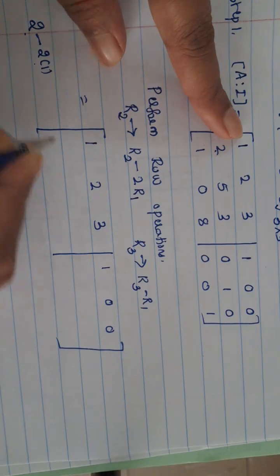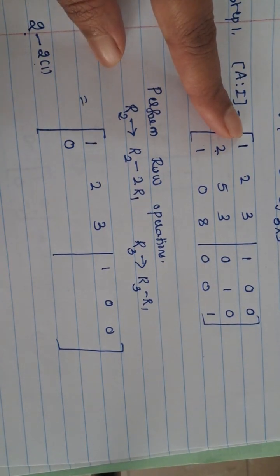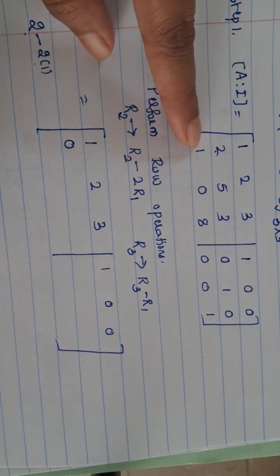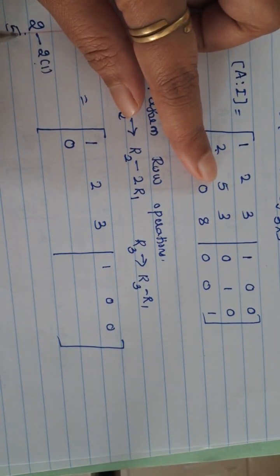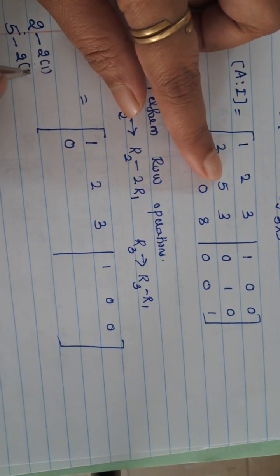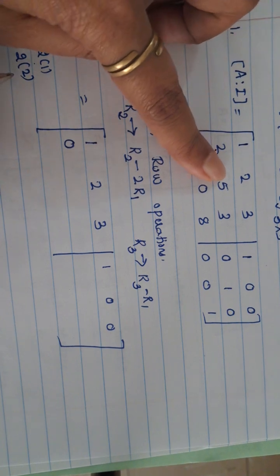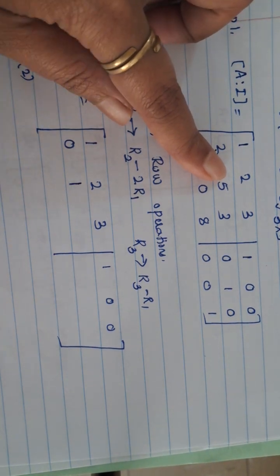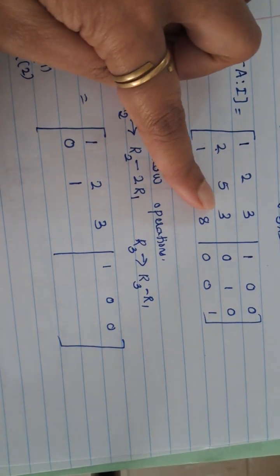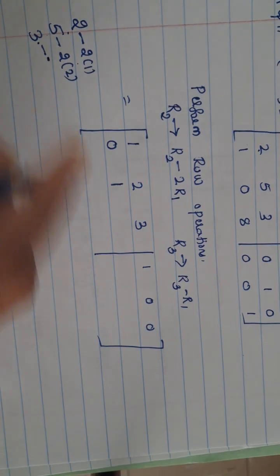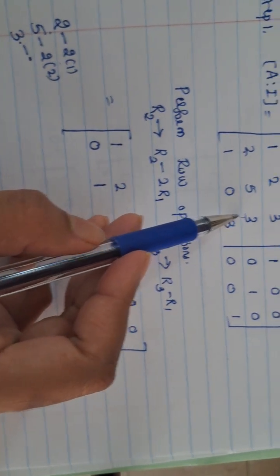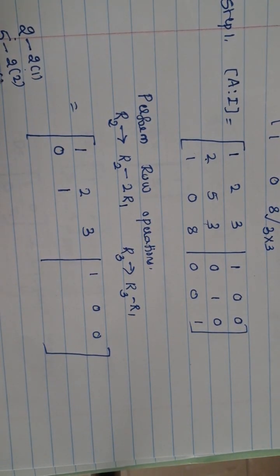So 2 minus 2 will be 0. Similarly, do it for every element here. You have 5 minus 2 times 2. So 5 minus 4 is equal to 1. Similarly, you have 3 here. 3 minus 2 times 3.